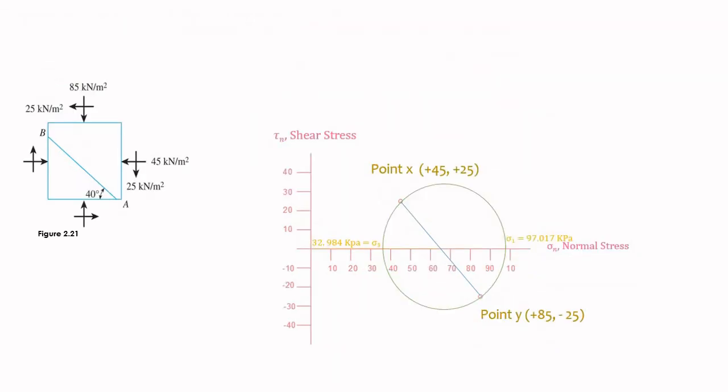Next, we solve the normal stress and the shear stress acting on plane AB. The next step is to measure the 2 theta, which is always counterclockwise from the reference plane. The reference plane here is the horizontal plane.